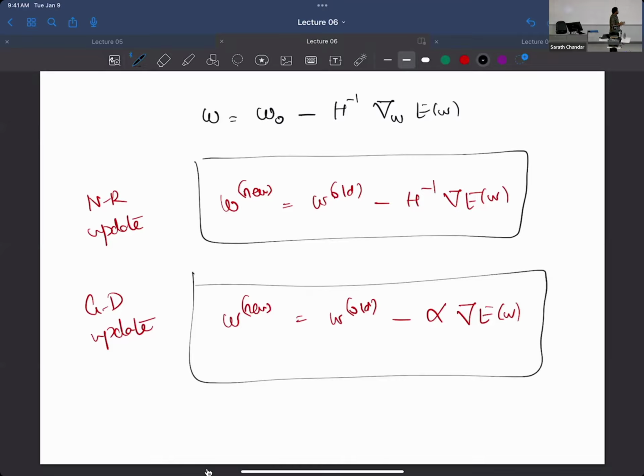So what can you say about gradient descent versus Newton-Raphson just based on the equations? For gradient descent, they look almost the same, except that gradient descent will be minus alpha times the gradient of the error function.